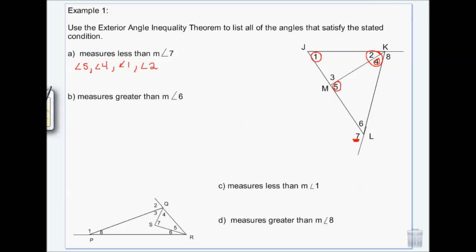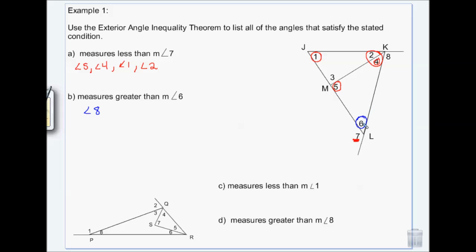Okay, for angle 6, we want angles greater than angle 6. Well, angle 6 is a remote interior angle for this triangle. We don't know what 6 is by itself. But we know that angle 6 inside the small triangle is a remote interior angle to angle 8, so we can put angle 8 down.